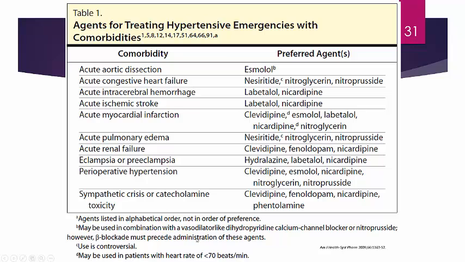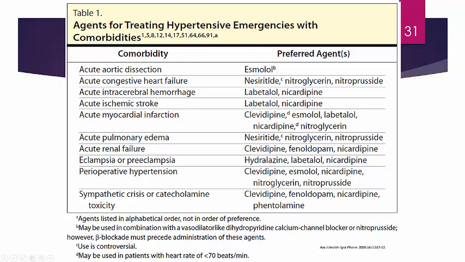So this article from 2009 actually produced a table based off of the evidence that was available for each of these agents and each of these comorbidities. So this will be an important table for you to use in regards to figuring out when to use each of the different intravenous agents for hypertensive emergency.